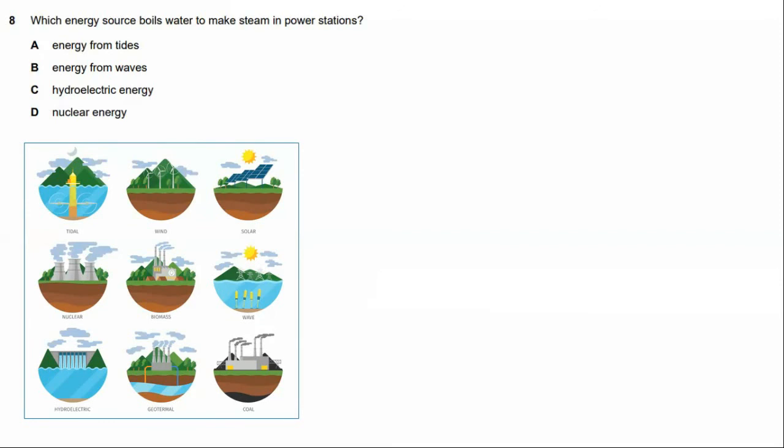So when either wind or water or steam passes through these turbines, the turbines rotate. As they are turned, the generator coil, which is attached to the turbines, also turns, which generates electricity.